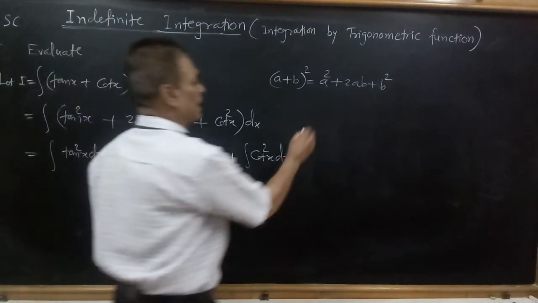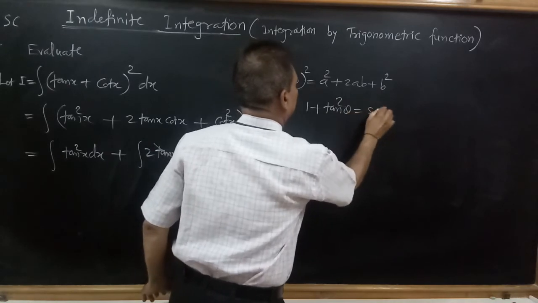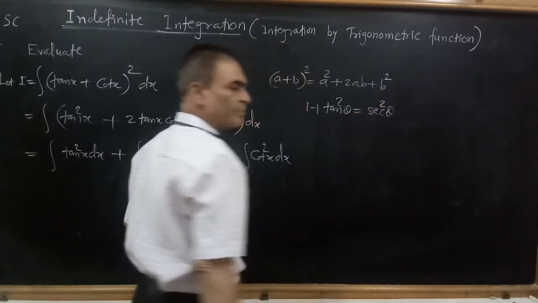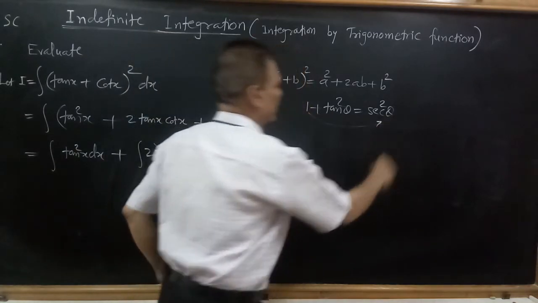Use the fundamental identity: 1 plus tan square theta is nothing but sec square theta. What is the value of tan square theta? Transfer this 1 to that side.